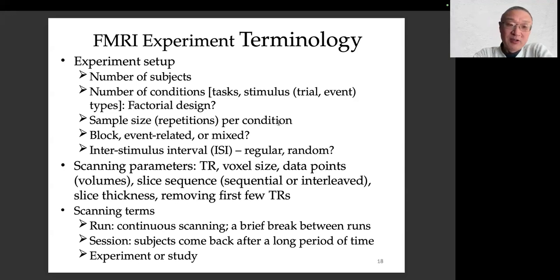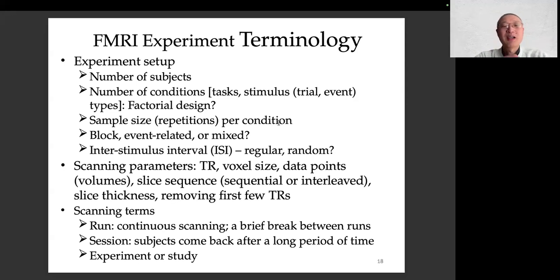Block design basically means each trial lasts for some period of time, for example a few seconds or even more. In an event-related design, the duration of each trial is relatively short, for example 2 seconds or less. We differentiate the two probably for modeling purposes.